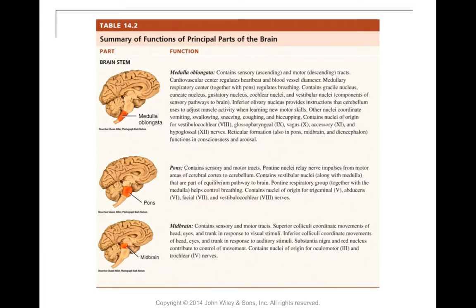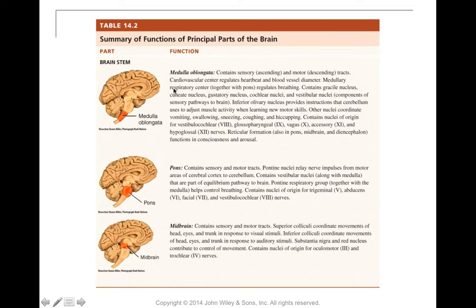All right, so let's summarize the functions of the principal parts of the brain. So we have the brainstem: the medulla oblongata, that's found here. The pons, which is found just a little bit above that, or superior to it. We have the midbrain. Okay, the medulla oblongata is going to have both sensory and motor tracts. It's going to be responsible for the cardiovascular center, so it's responsible for heartbeat and blood vessel diameter, so vasodilation, etc., or constriction.